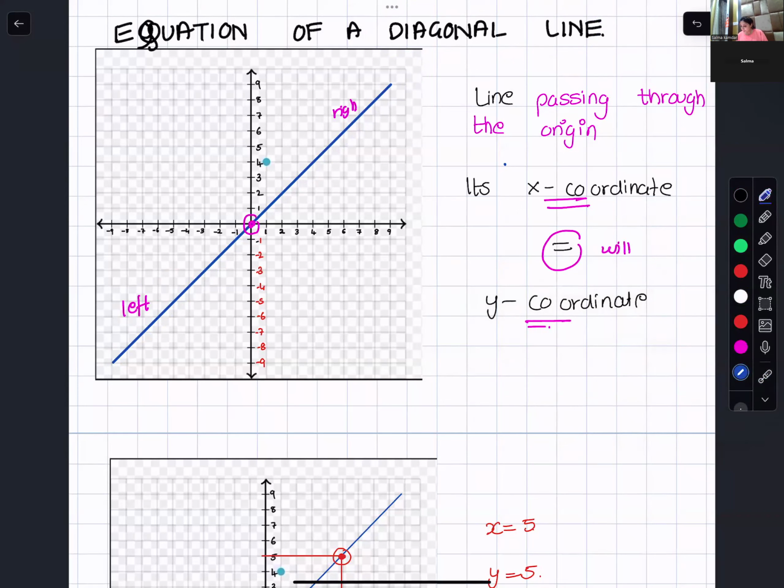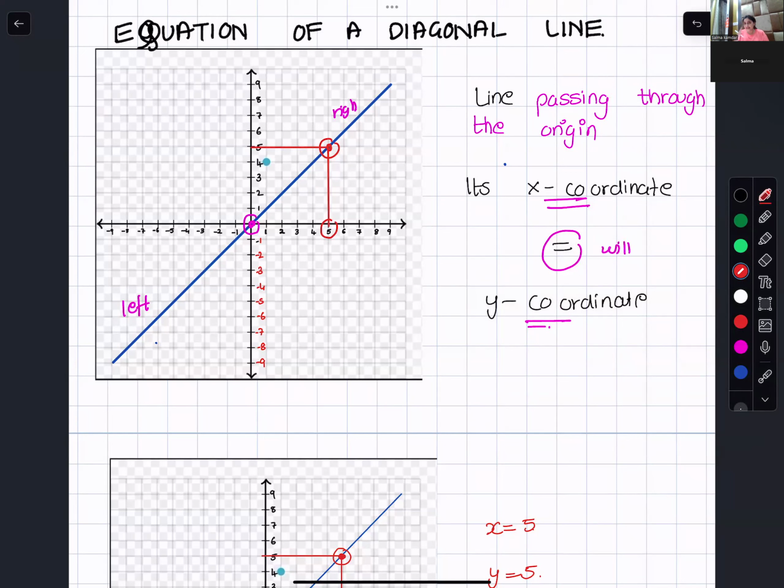You can take any point and check. I will take a point over here, any point on this line. The x coordinate over here is 5. The y coordinate is 5.